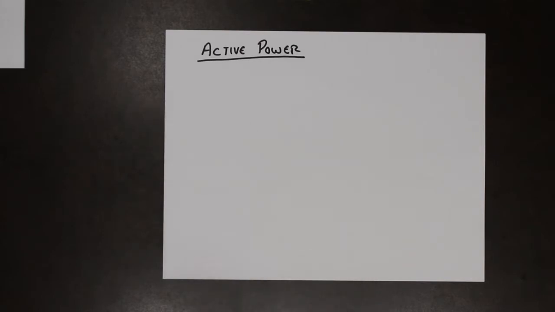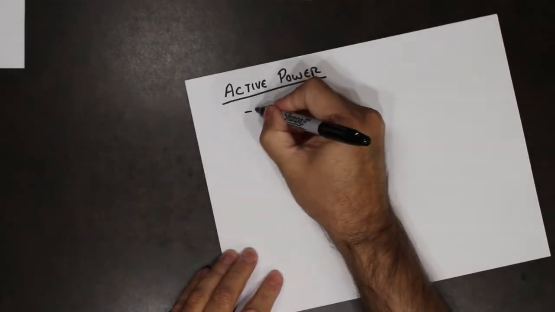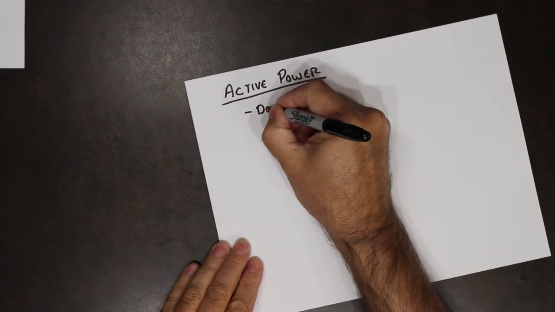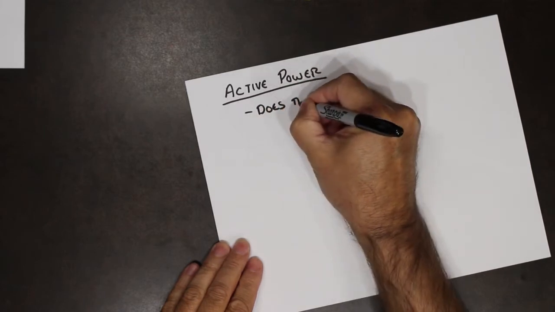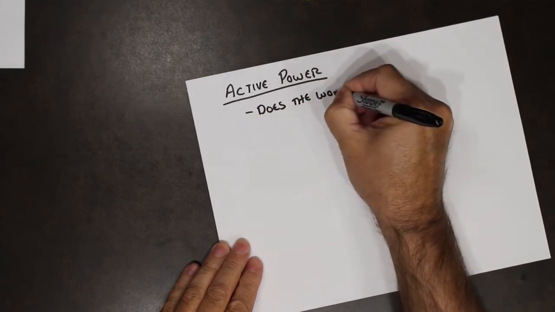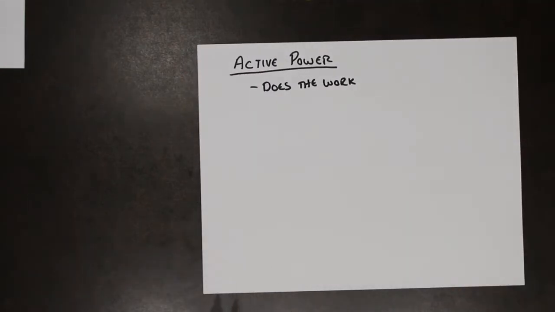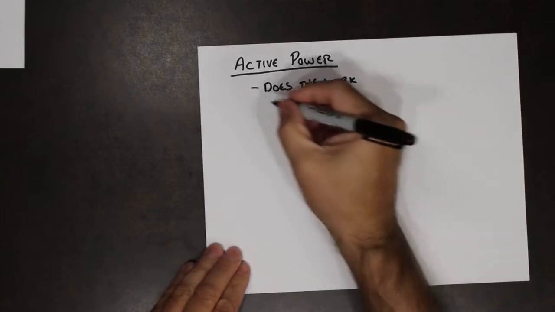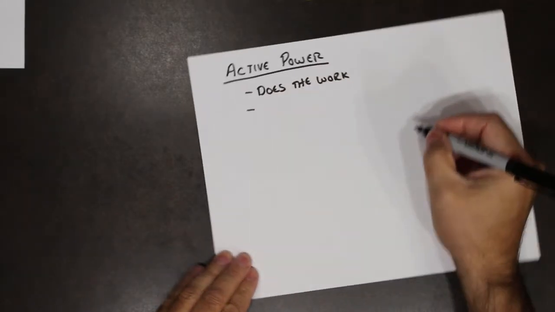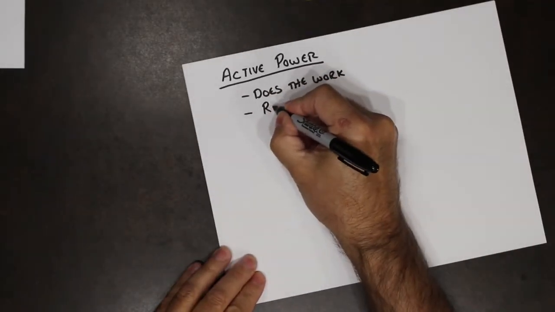Active power is the power that actually does the work. It is power that is dissipated in resistive loads.